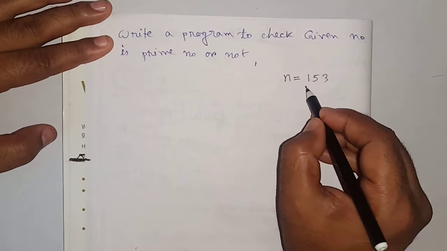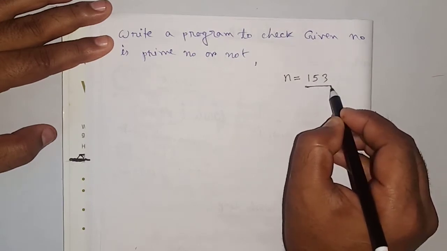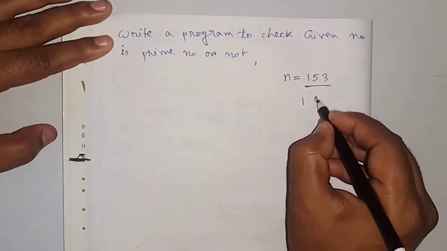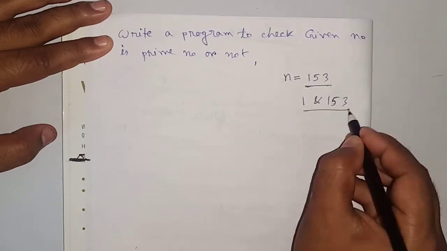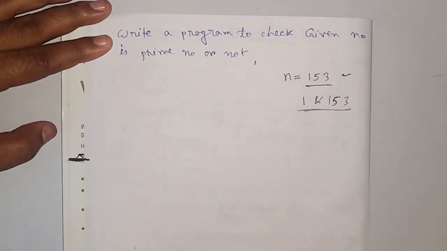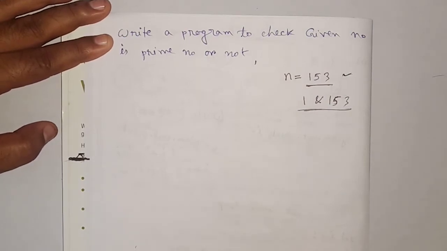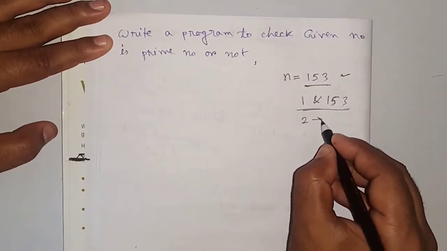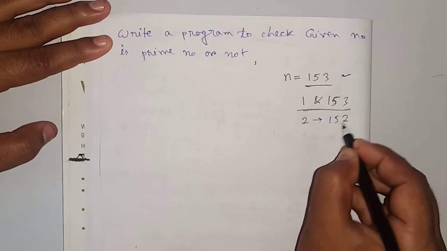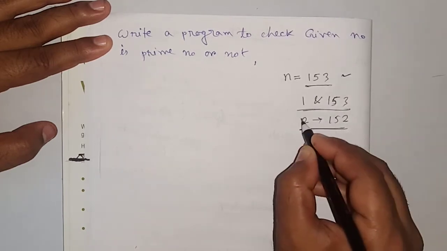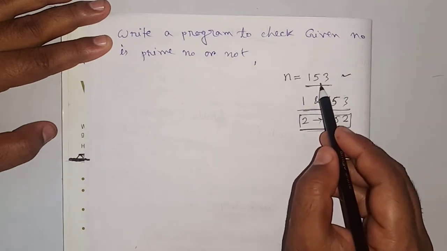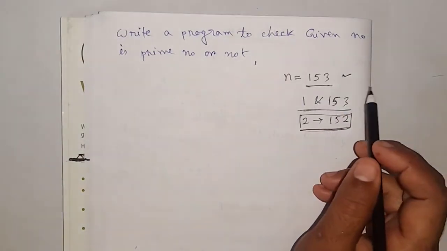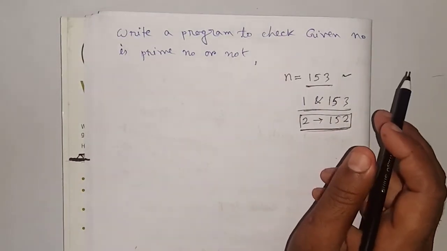If this number is divisible only by 1 and 153 itself, we call it a prime number, otherwise not. So if any number between 2 and 152 divides this number, we can say it is not a prime number.